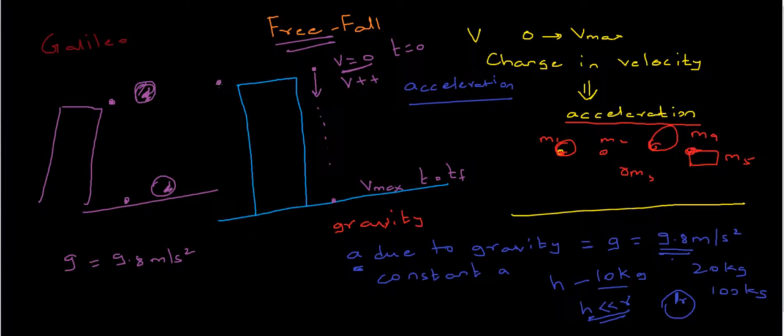If the ball was instead thrown, initially the velocity would not have been 0. So the ball was allowed to fall freely. That is, there was no external force put on the ball by you. It was just the force of gravity, nothing else, if we ignore the friction of the air. So this is the concept of free fall.